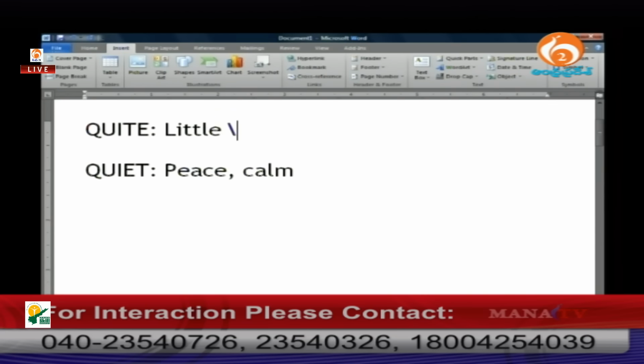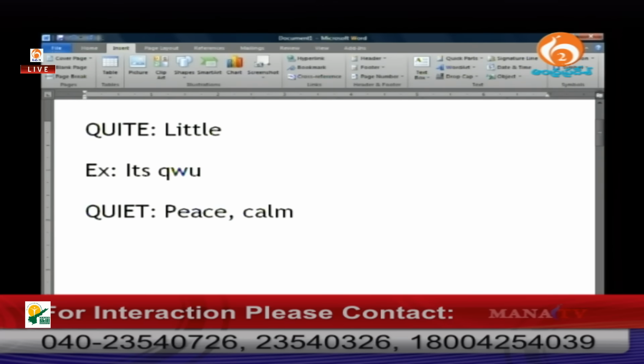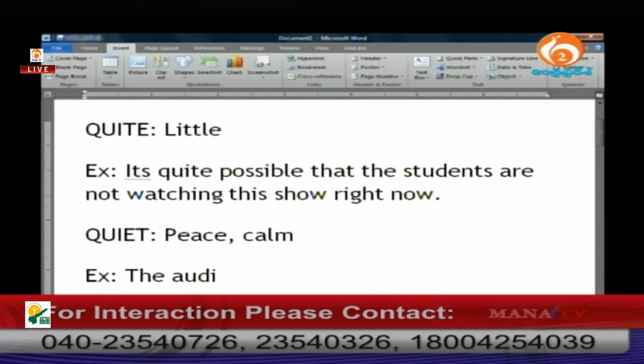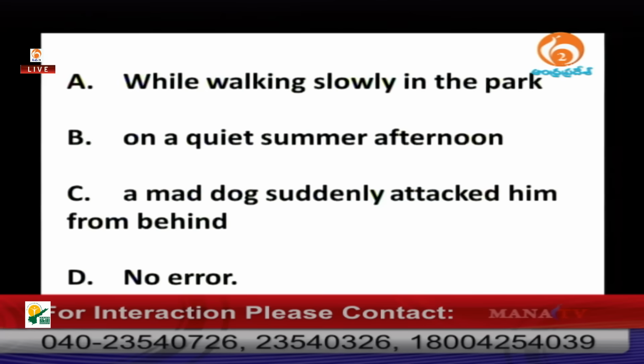For example, I am quite sure I am very right about this. It's quite possible that the students are not watching the show right now. Here the example is, the audience is quiet. Okay, so Q-U-I-T-E, Q-U-I-E-T, both are separate words, so don't make a spelling mistake there.